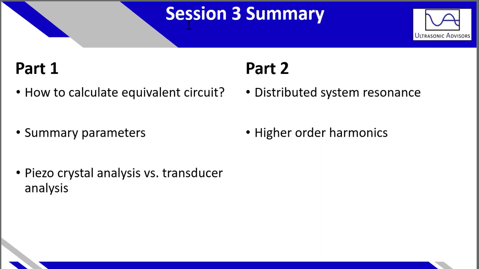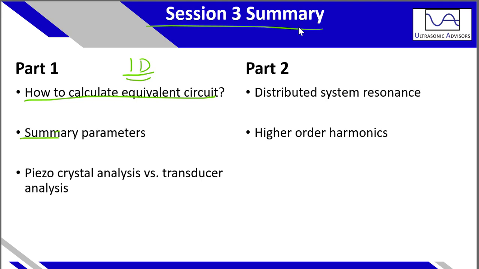In this session, we covered the method to calculate the equivalent circuit, getting a 1D representation of our piezoelectric response, and beginning to do some analysis and understanding that in one-dimensional terms.